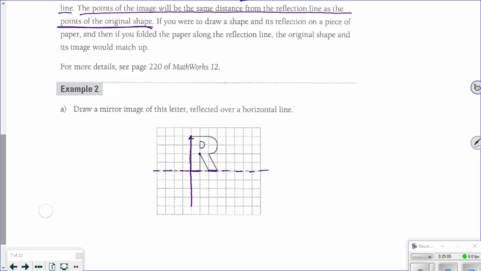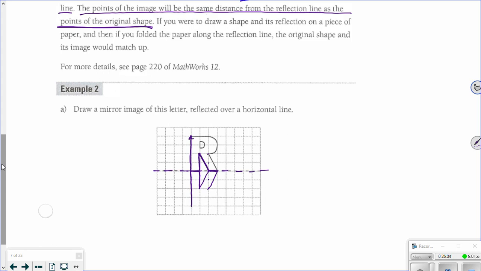To get to this point right here, I had to go up 2, which means I'm going to go down 2 to get to that point again. From that point, I go back down to my reflection line, across to here. This point right here is 2 up. So I go down 2, and that's my next connector.